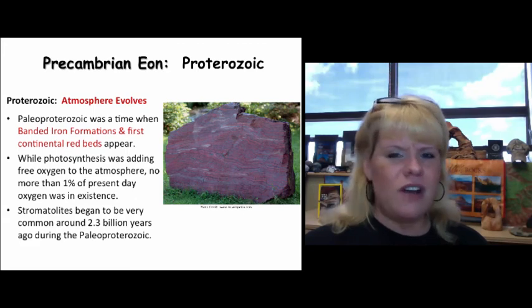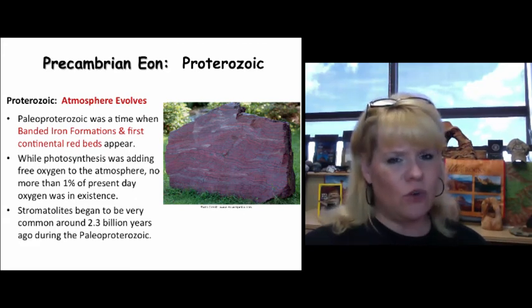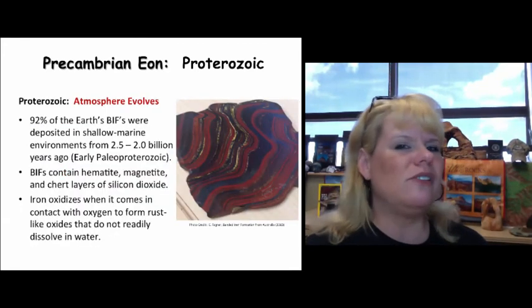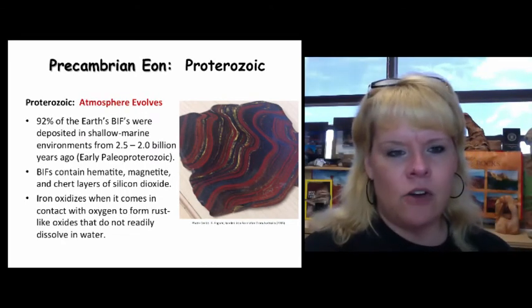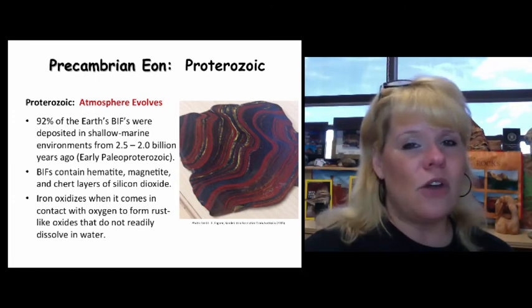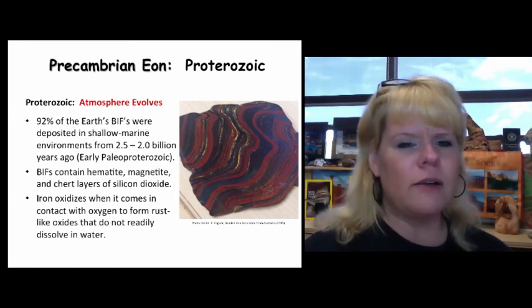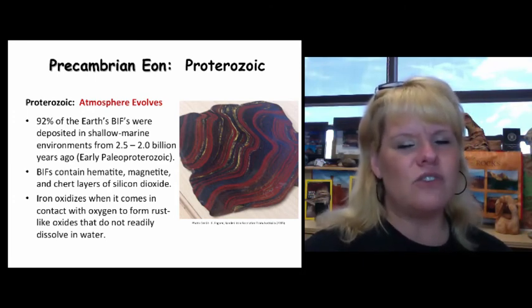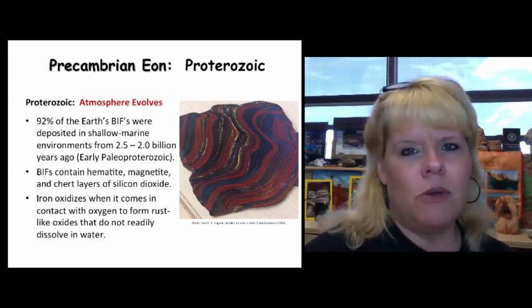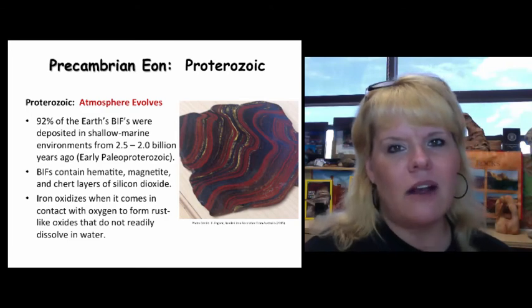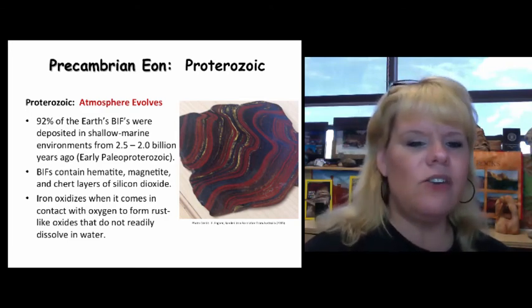So when we start to find oxygen in the air, that's going to lead to the first presence of continental red beds. 92% of all banded iron formations were deposited in the early Paleoproterozoic, somewhere between 2.5 and 2.0 billion years ago. So pretty much almost all of our steel reserves on the planet are made from this time frame right here.